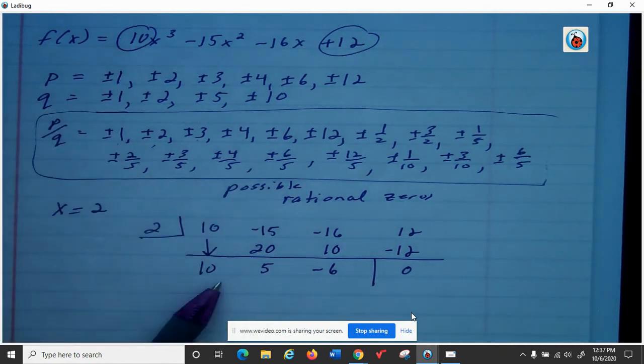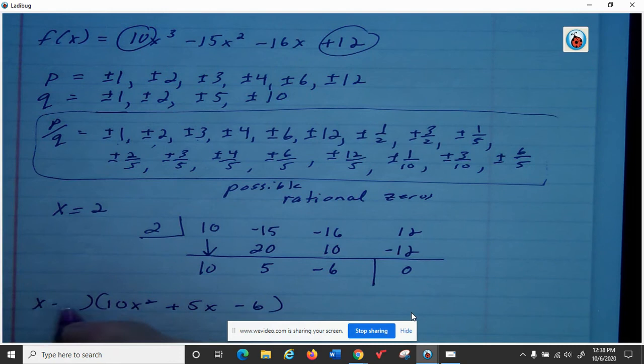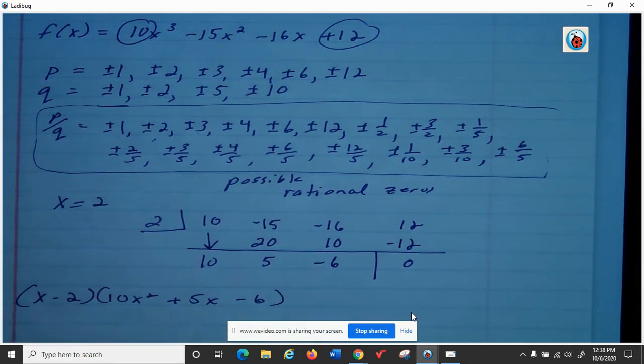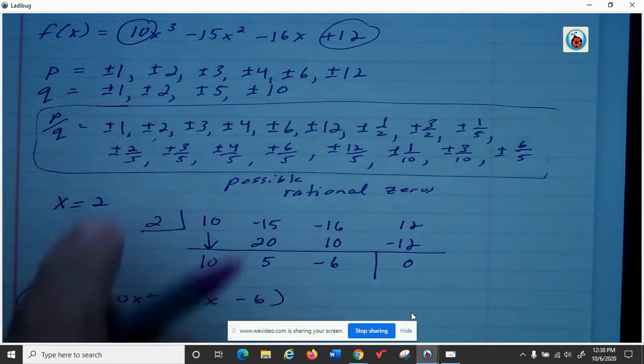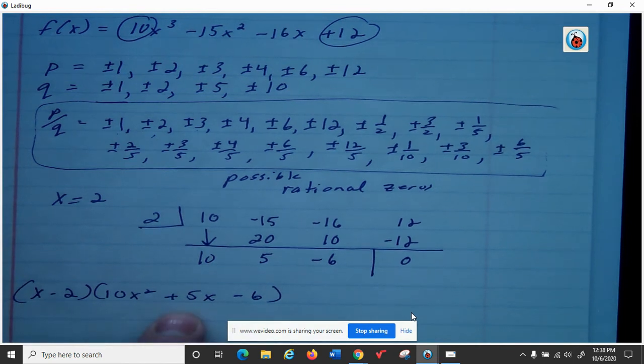I will end up with a second degree polynomial, which means this is going to be 10x squared plus 5x minus 6. This is a root, so its factor is x minus 2. The only way for it to be a root is if I set it equal to 0. X minus 2 equals 0, that means x is equal to positive 2. So this is what it looks like, reduced down to a quadratic.